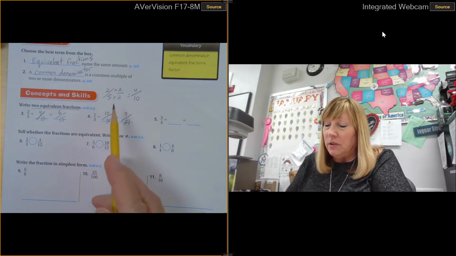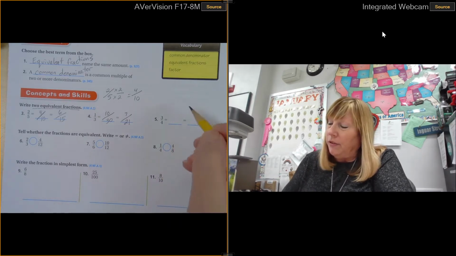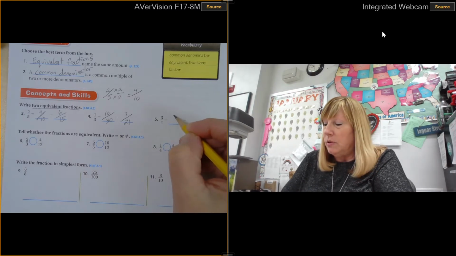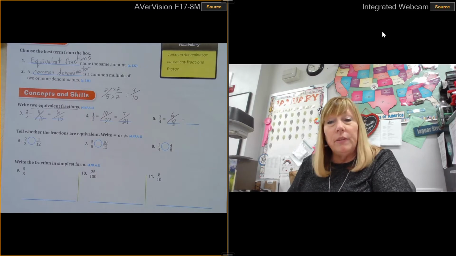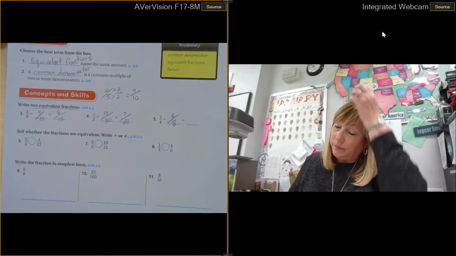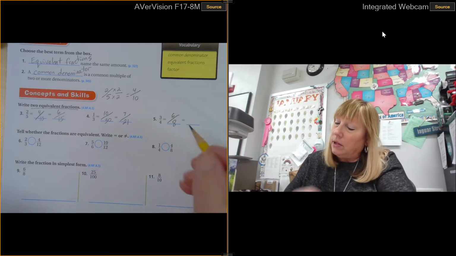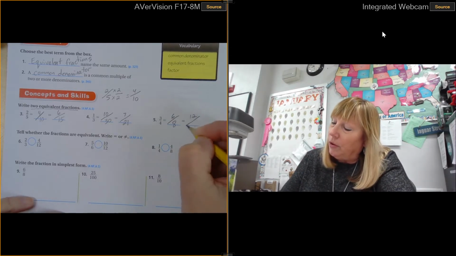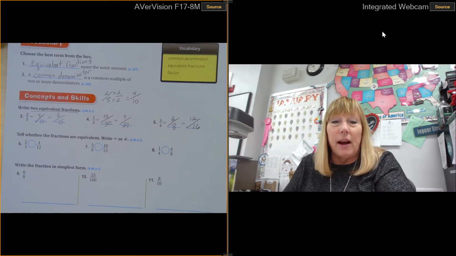Most of the time we just multiply by 2 and 3, but you can really pick any number that you want. All right, 3/4. 3 times 2 is 6, 4 times 2 is 8, so I get an equivalent fraction of 6/8. Let's try by 4. 3 times 4 is 12, 4 times 4 is 16, and we have 2 equivalent fractions.